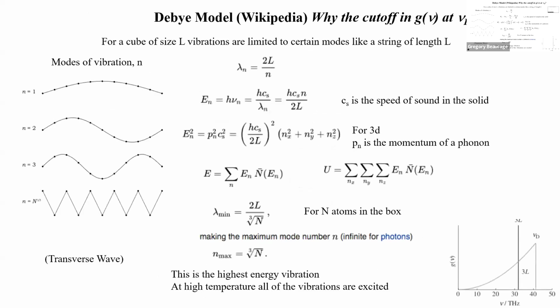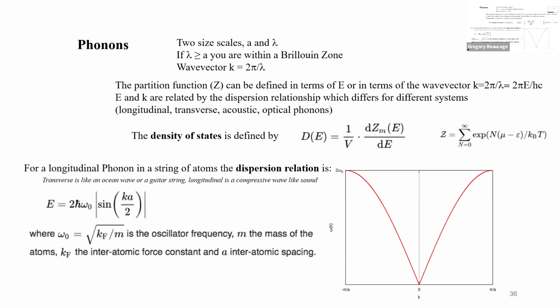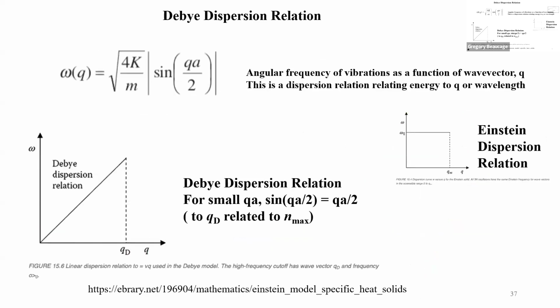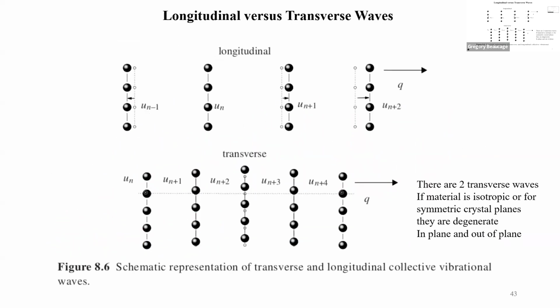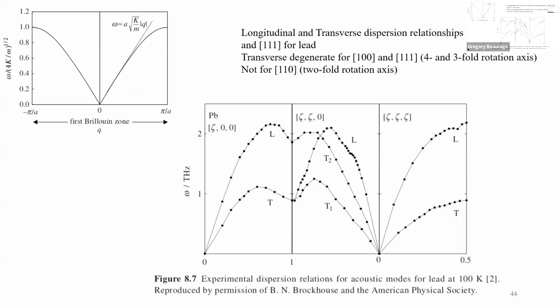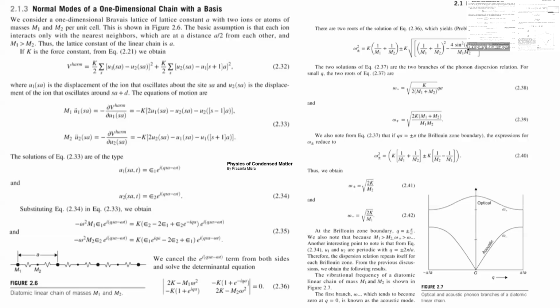The more difficult part of this is the integral to get the equation for heat capacity, right? Which is a little bit messy. All right, so this is a derivation. I have this linked on the web page.